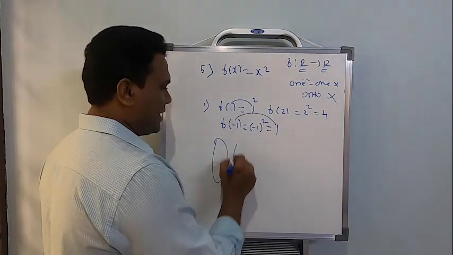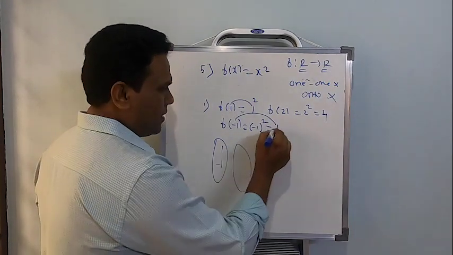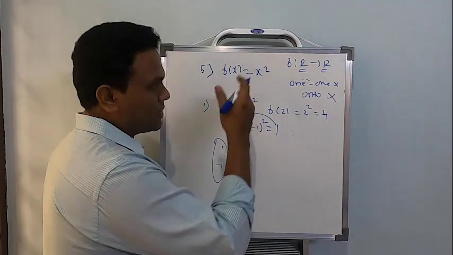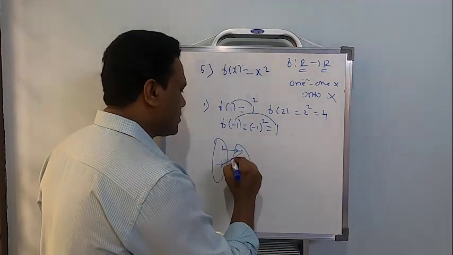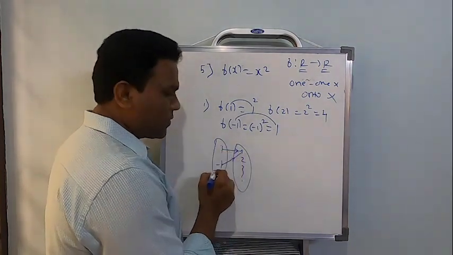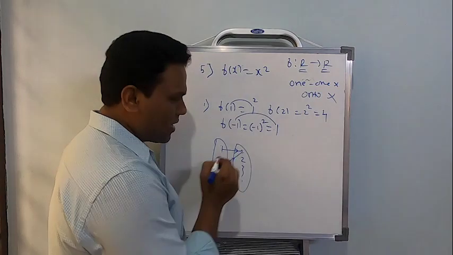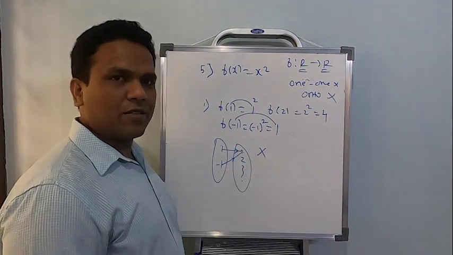If I am writing the diagram, 1 and minus 1 are from the domain, and here it will be 1, 2, 3 and so on, real numbers actually. What is the image of 1? 1. What is the image of minus 1? 1. What does this show? 1 and minus 1 are different elements, but their images are the same. So hence it's not going to be a one-one function.